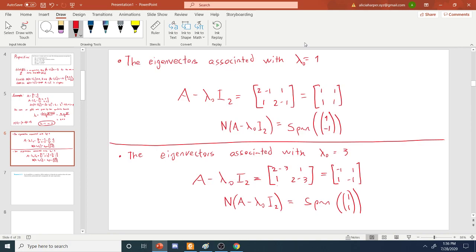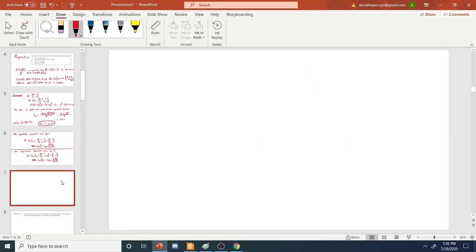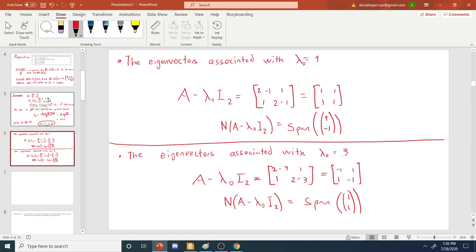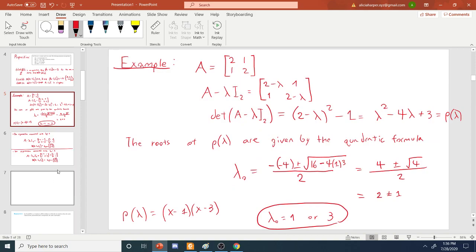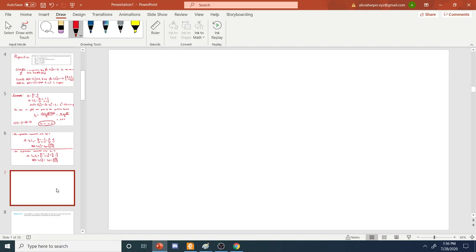So this gives us eigenvectors for this eigenvalue and eigenvectors for this eigenvalue. So this is how we find eigenvectors and eigenvalues. Now, let's consider something interesting.